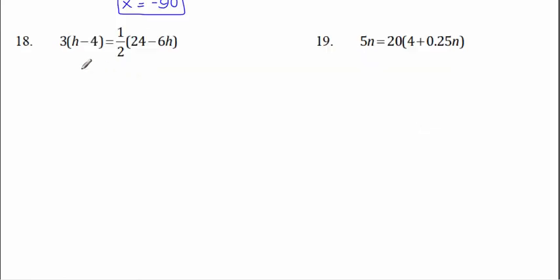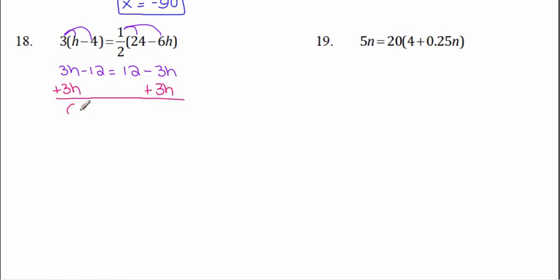Number 18, I first need to distribute the first set of parentheses, giving me 3h minus 12. And then distribute into the second set of parentheses the 1/2. So that's 12 minus 3h. I'm going to move my 3h over to the left, and I'm going to do that by adding 3h to both sides.